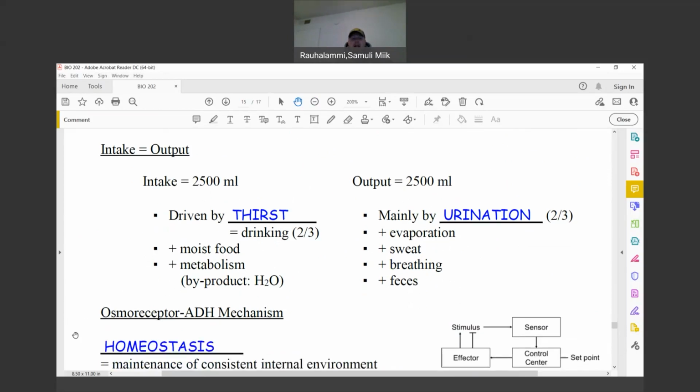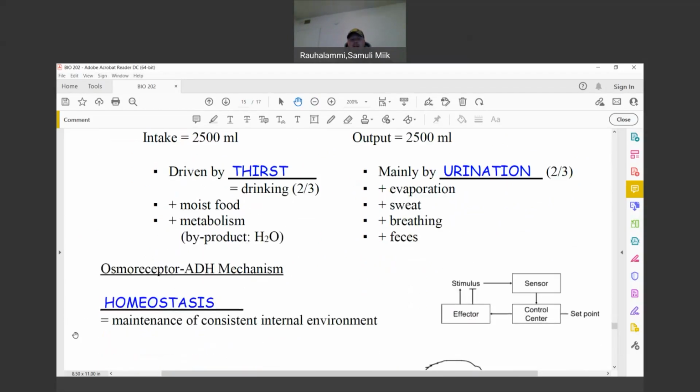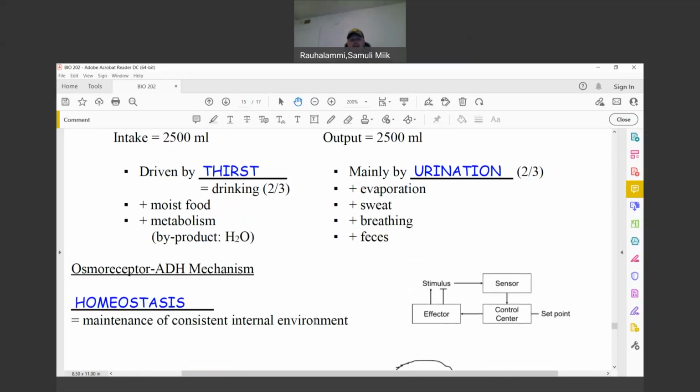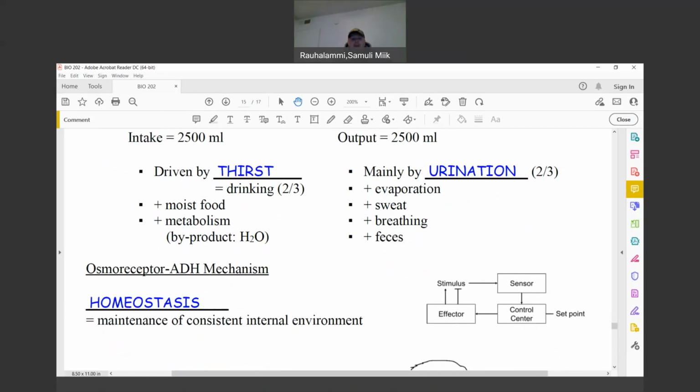I discussed during the class the osmoreceptor ADH mechanism, using homeostasis as a way to explain it. So remember, homeostasis always referred to the maintenance of a consistent internal environment, and I provided the little diagram here showing the steps: stimulus, some sort of change, we detect it, pass it to the control center, which is typically the brain, compare it to the normal values, and if necessary, we act to stop the stimulus from happening.